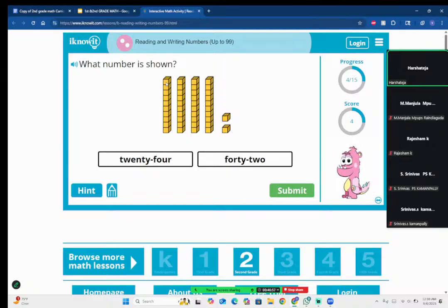There's 4 stacks of 10. 1, 2, 3, 4. 40. And there's 2 stacks of 1s. 42.